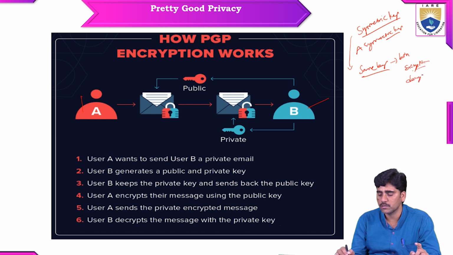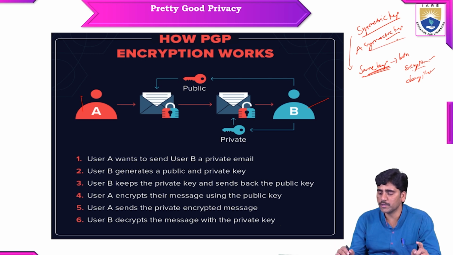To do this encryption and decryption, we are using the same key, which may be either a private key or a public key. That key is called a symmetric key.